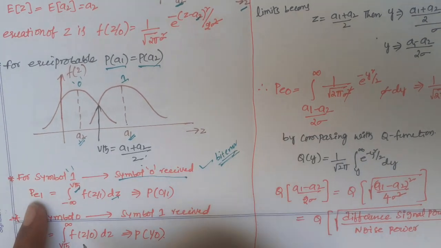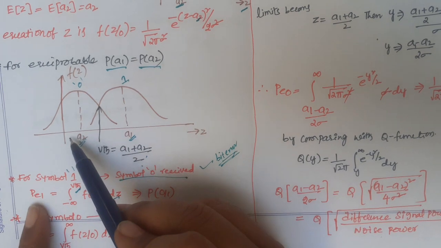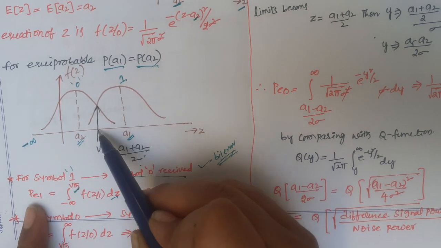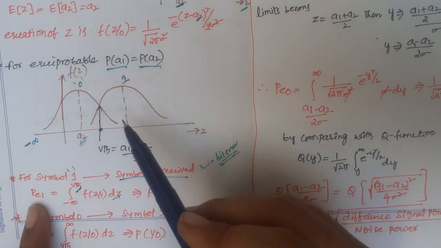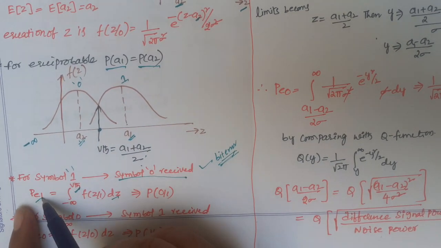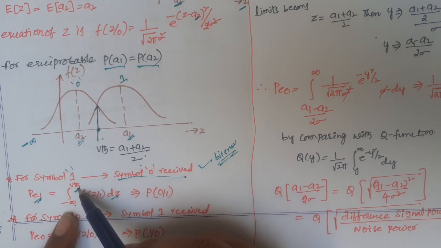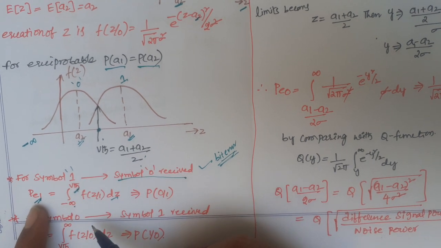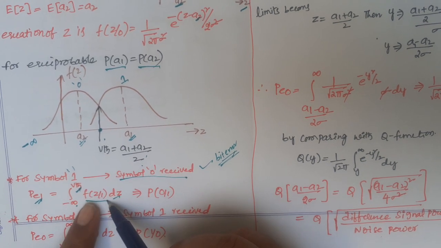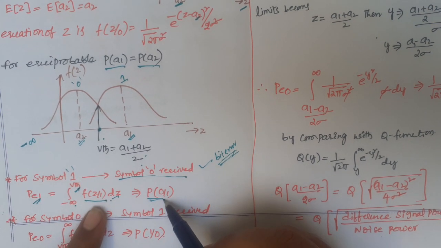See here, for bit 1, I am transmitting bit 1, but instead I receive bit 0. Bit 0 means it is from minus infinity up to the threshold voltage. Instead of 1, I received this bit 0. So for finding the probability of error, the limits are minus infinity to V threshold. I transmitted bit 1, this is the probability density of my bit 1, and I received bit 0 instead of 1.